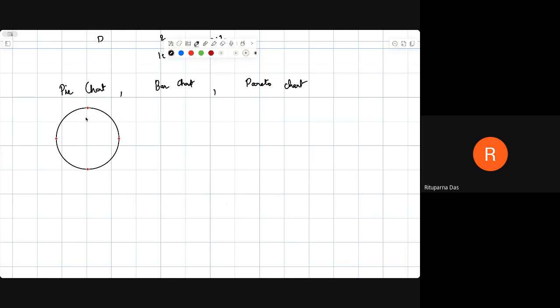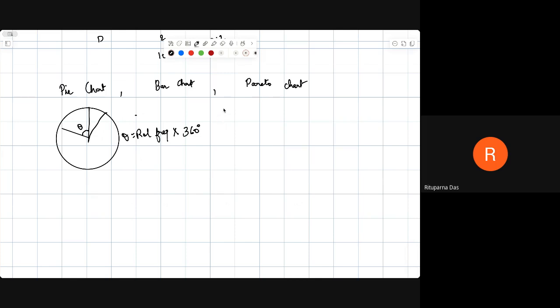Pie chart basically is a circular chart in which the categories look like the pieces of a pie, and this angle is calculated by multiplying the relative frequency with 360 degrees. So that gives the angle for a given category. So the relative frequency we choose and we multiply it by 360 to get the angle of the pie chart.